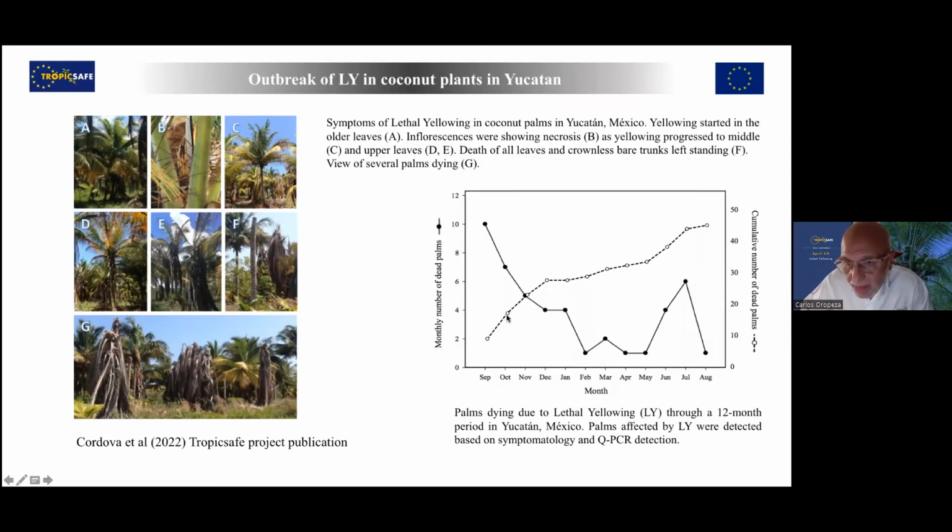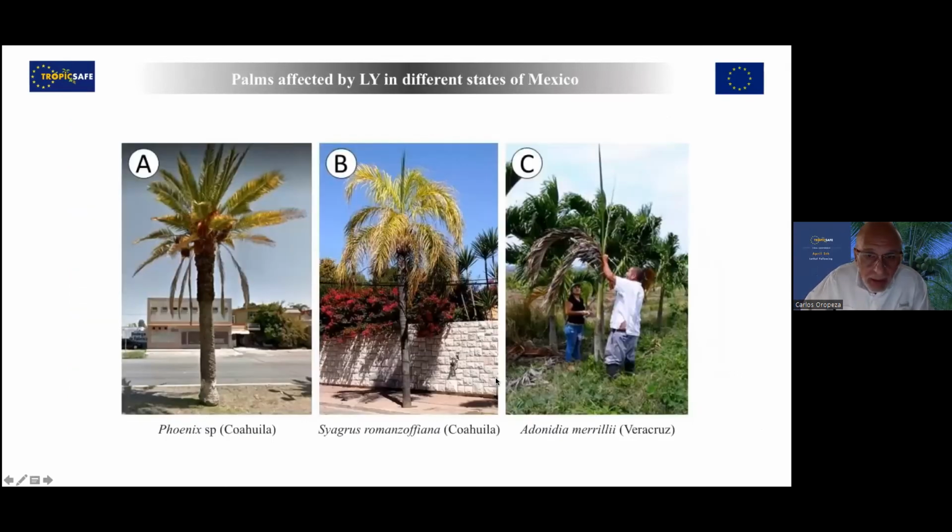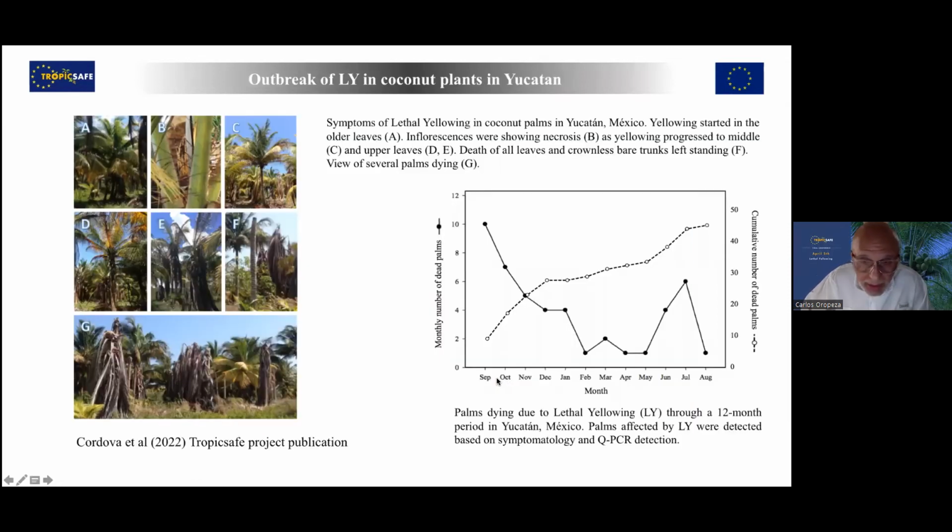And here you can see how the number of dead palms was increasing with time. And what was important here is that most of the Atlantic tall, 93%, was lost, and about half of the plants in the segregating population.